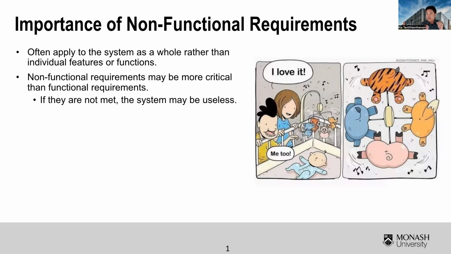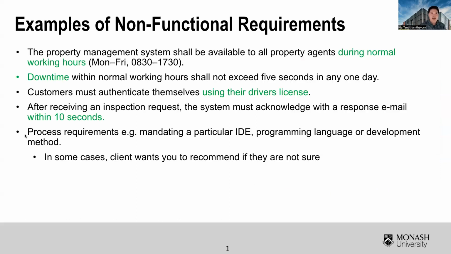For example, the deposit money button comes before the login button, so that's not in the right flow. Whether the functionality or the feature of the system is correct or not, yes, it is correct, but the usability is very poor, right? So that's why sometimes the non-functional requirement is even more important than the functional requirement, okay? Otherwise, yes, the system may be useless, okay? Yeah. All right.